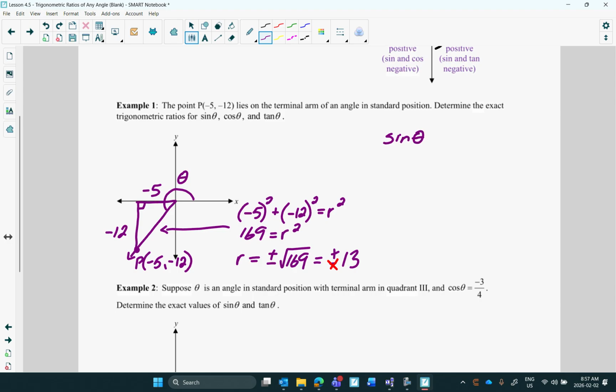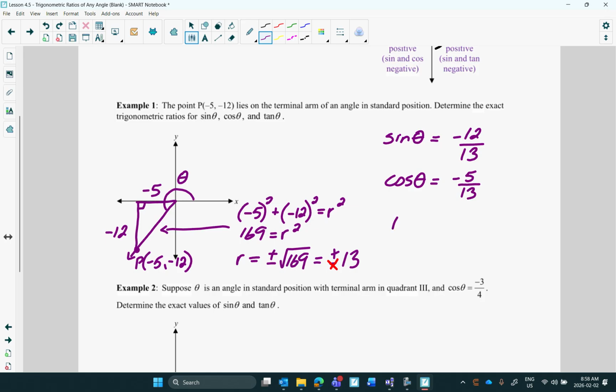What would the sine be? -12, opposite over hypotenuse 13. Remember, we're not asked to find the angles yet. We're just finding the ratios of their trig. Cosine? -5 over 13.